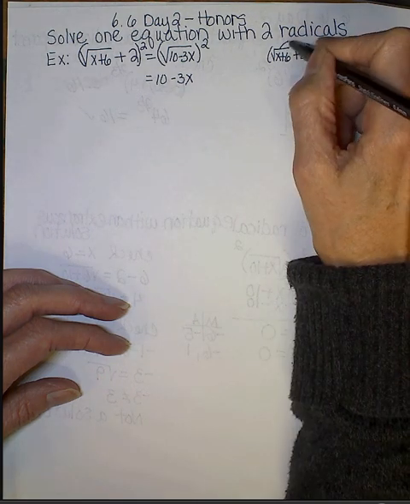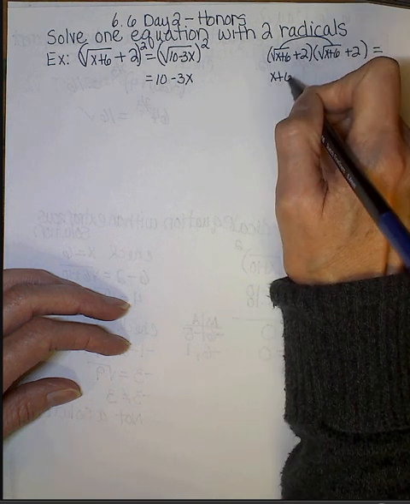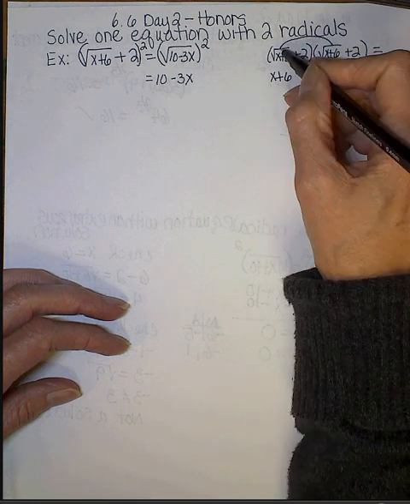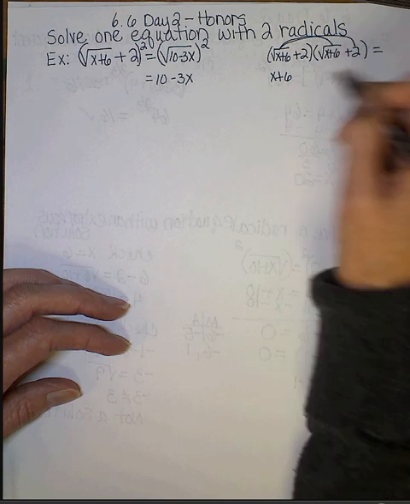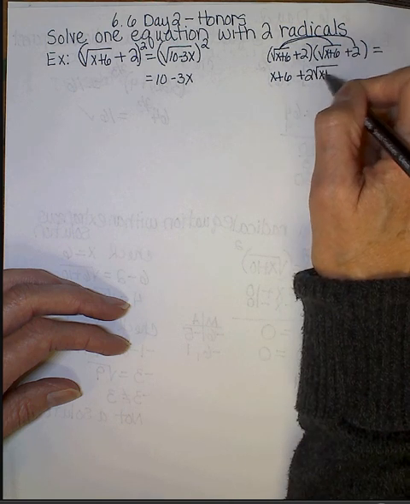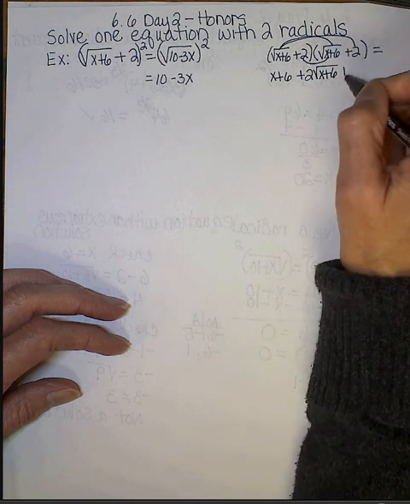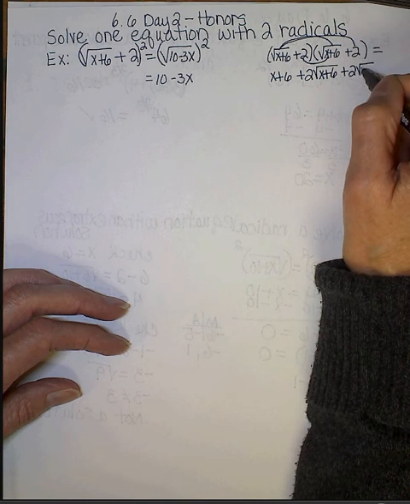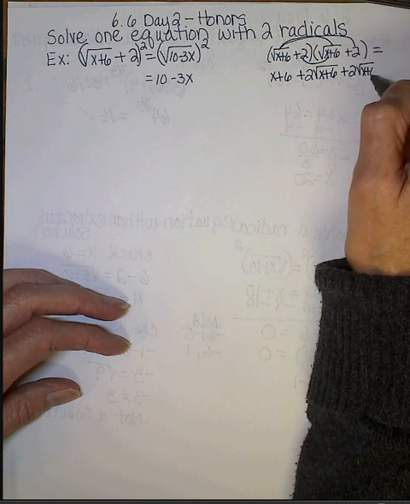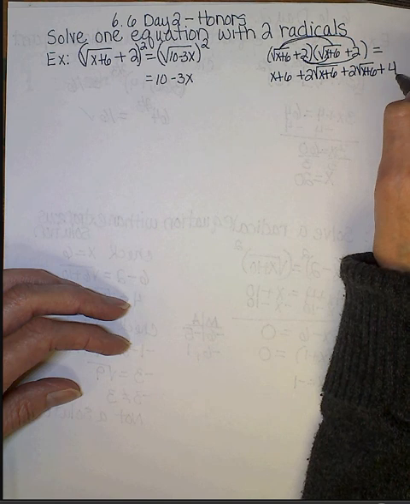So when I multiply these two radicals together, the radical goes away and I just get x plus 6. Then I'm going to multiply this radical by 2, so I'd have this expression. Then I'd have another one like that, since I'm going to multiply by the 2 now. And then I would have 2 times 2, which is 4.